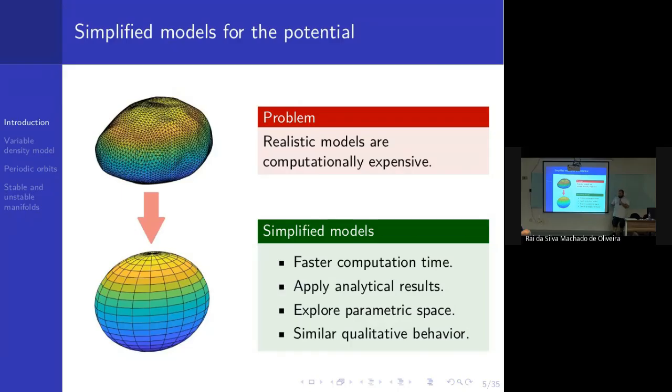But this also has another advantage, which is that if the model is simplified enough, we can apply theoretical results from dynamical systems. Also, these kinds of models have fewer parameters, and we can play with those parameters to see how they affect the dynamics. And of course, they still have a similar qualitative behavior.